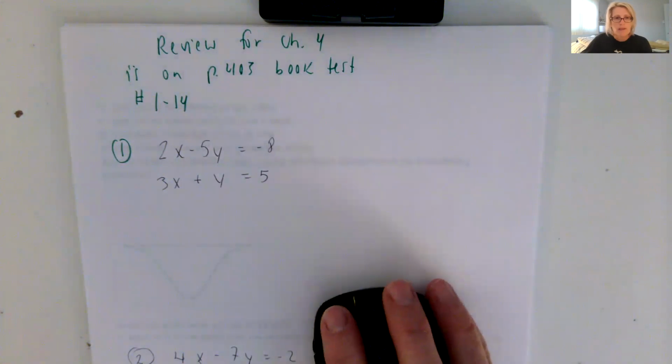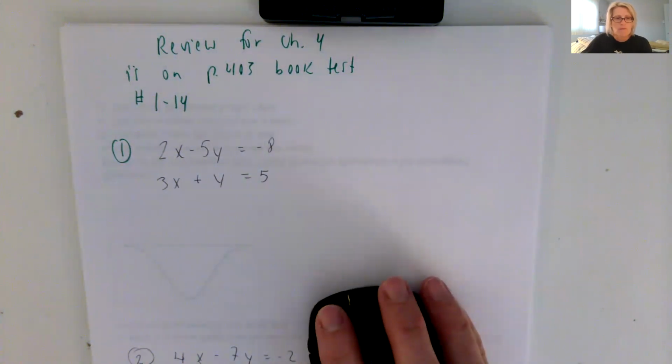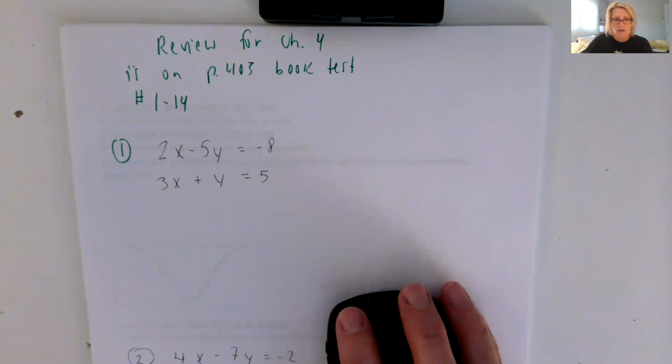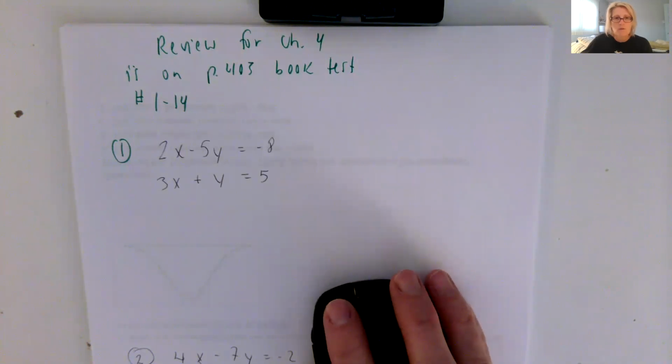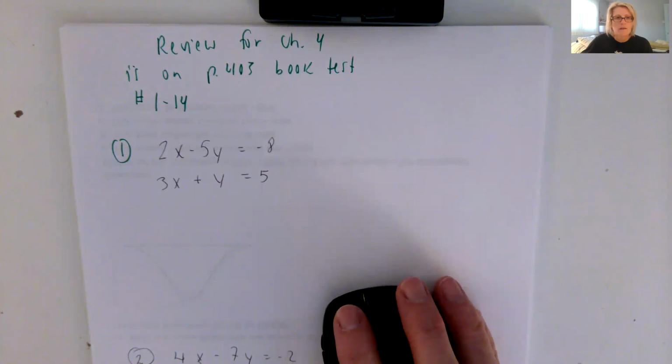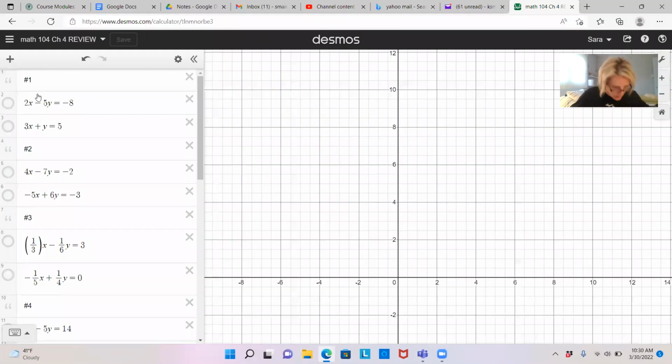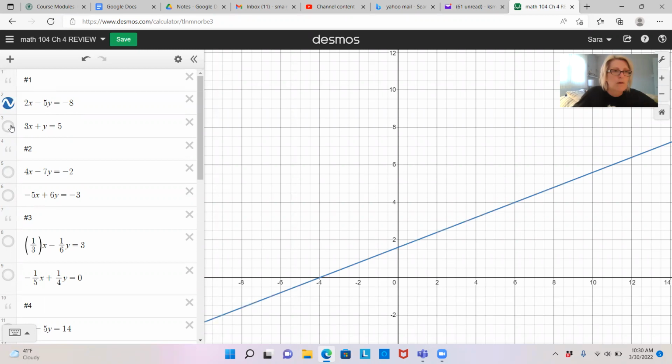So I have put these two into Desmos, and let's go there so that we can see what Desmos says we should have. There it is, 2x minus 5y equals -8, 3x plus y equals 5. I'm going to turn them on, and then click on one of them.